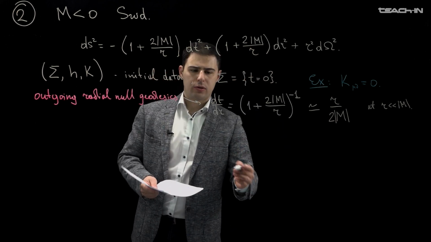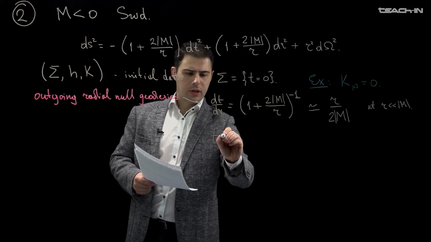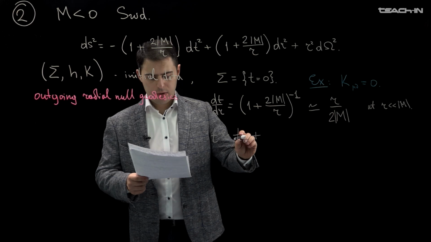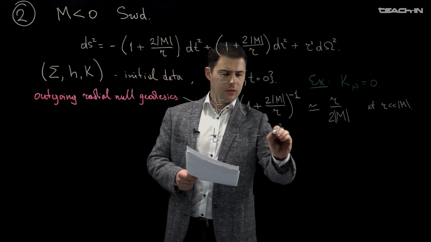So, around the naked singularity, we basically have that the evolution is given by this.